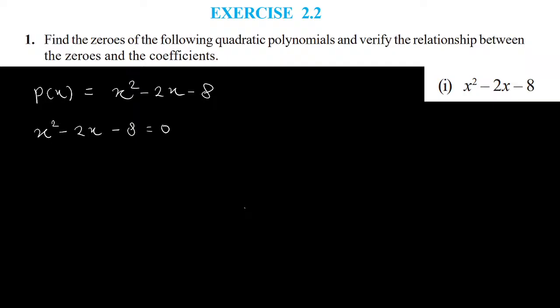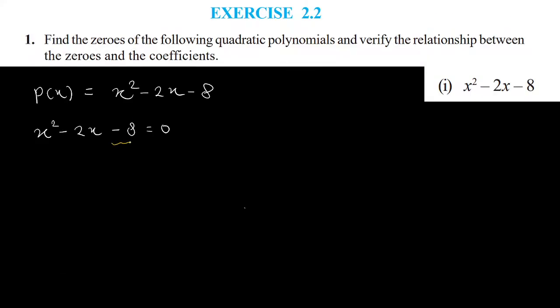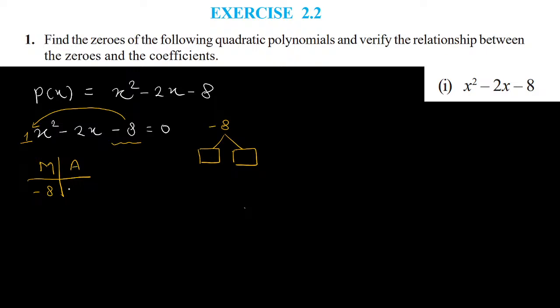Now we know how to factorize a quadratic equation, which we had already studied in the previous standard. The constant term is c, that is minus 8. We multiply it by the coefficient of x square, which is 1 here. So what are we getting? We are getting minus 8. Now we need two factors of minus 8 which multiply to give minus 8 and add to give minus 2.